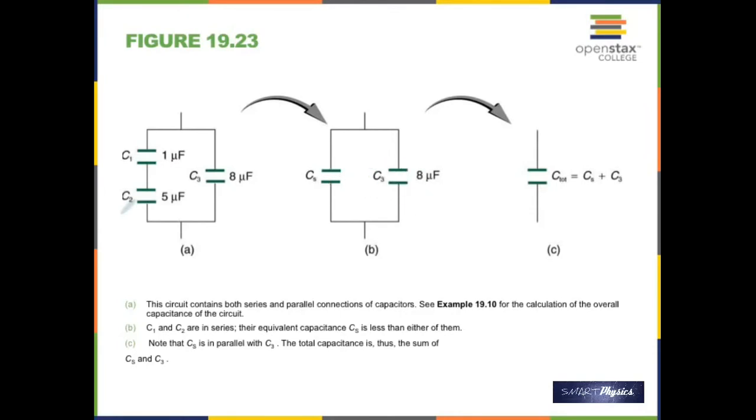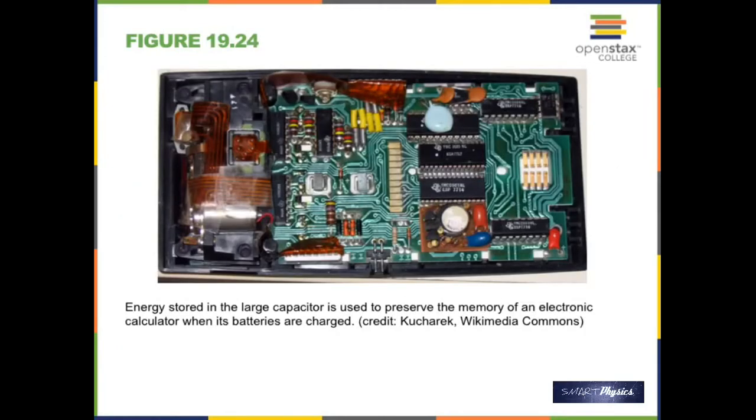So we'll work out problems in class, but these are the basic concepts that you need to know in this chapter. All right, and here you see in a calculator, the memory is actually the energy stored in a large capacitor. Okay, so that is how a calculator stores the numbers.